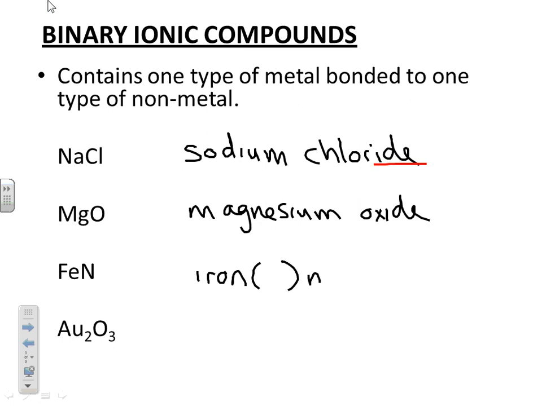But I need to put something in the middle. I'm going to need to tell what type of iron it is, because when we look at iron, you'll notice it has two choices. I'll be showing you later on how to do this, but this, in this case, is iron 3 nitride. And I'll explain to you how we do that later on.